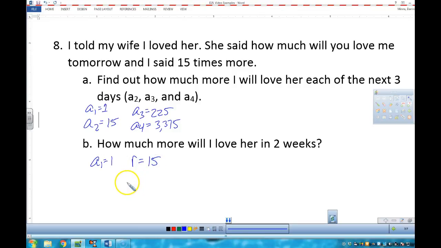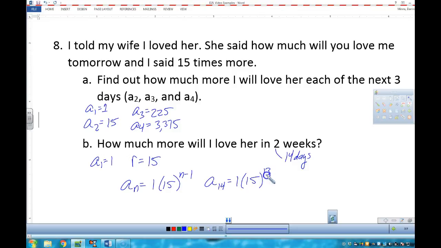So my formula will be A sub n equals 1 times 15 to the n minus 1. So we know 2 weeks is 14 days. So 14 is what I'll plug in for my n value. A sub 14 equals 1 times 15 to the n minus 1.